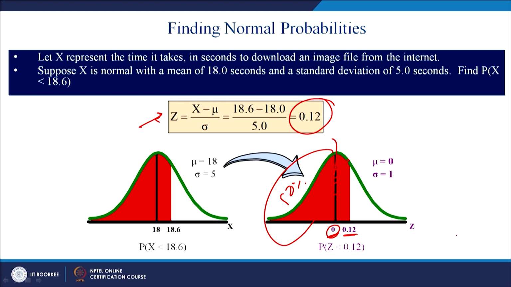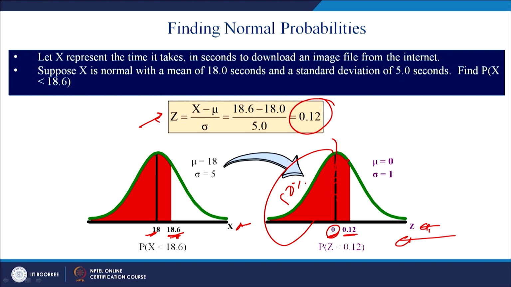This is a distribution wherein you have the z scale and this is your original x variable. So, the mean is this, and we have to calculate the probability of downloading the file in less than 18.6 seconds, right.